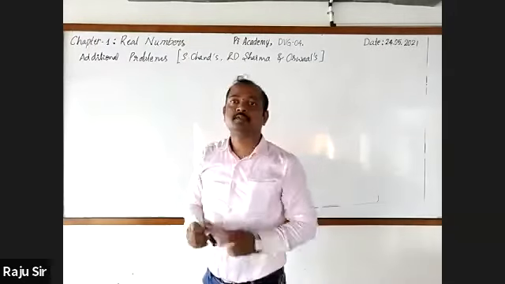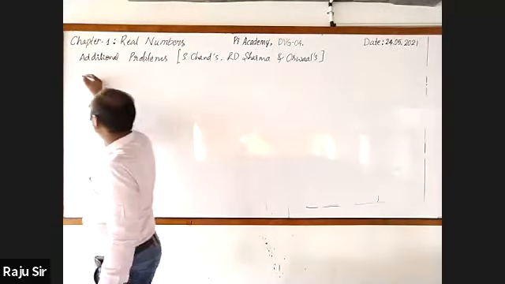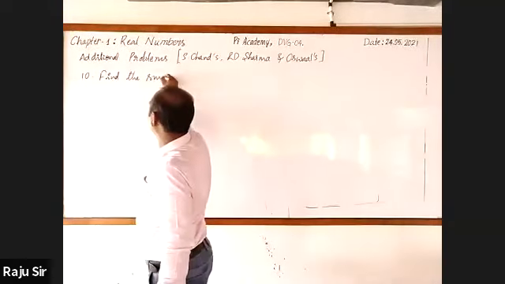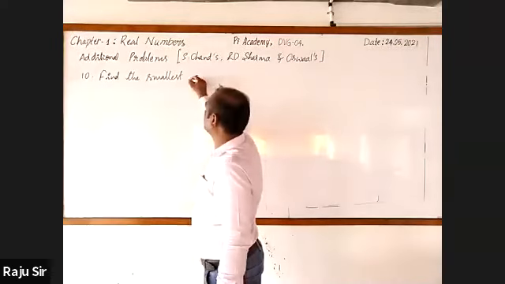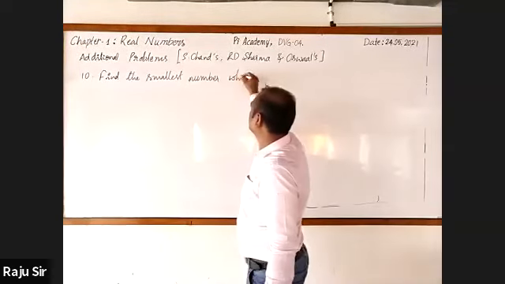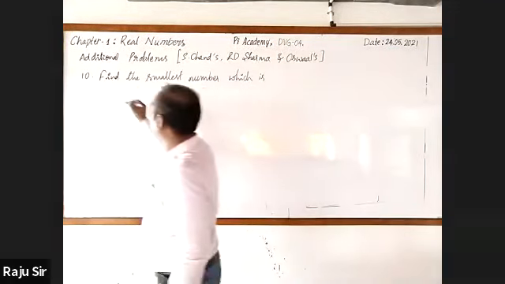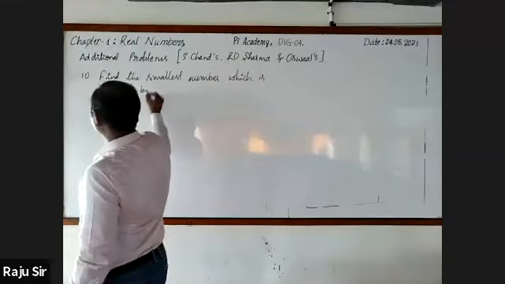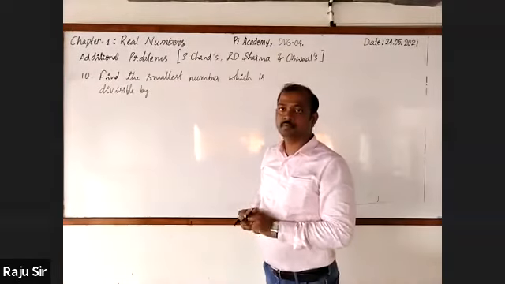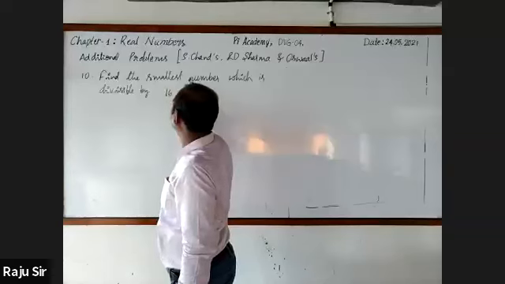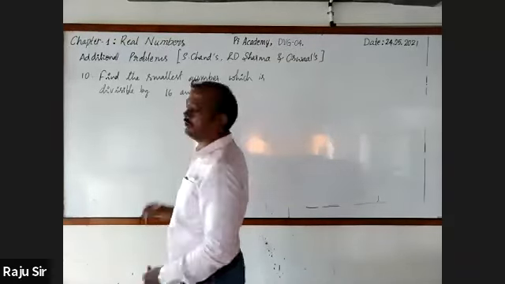Find the smallest number which is divisible by 16 and 20.